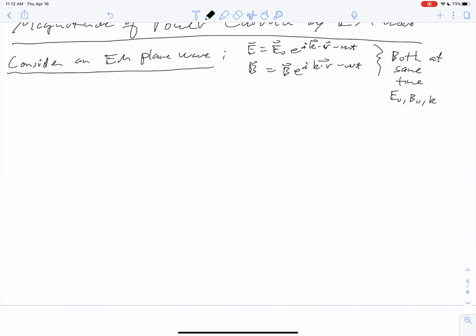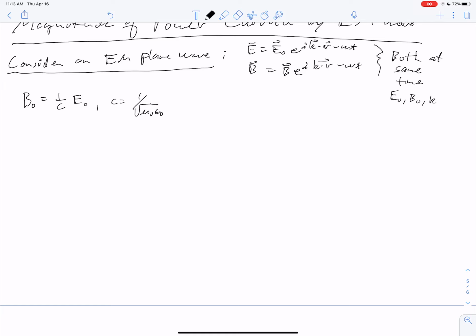We know that an important relationship for the plane wave is that the magnitude of the magnetic field B is equal to 1 over c times the amplitude of the electric field, where c is the speed of light, 1 over the square root of mu naught epsilon naught.